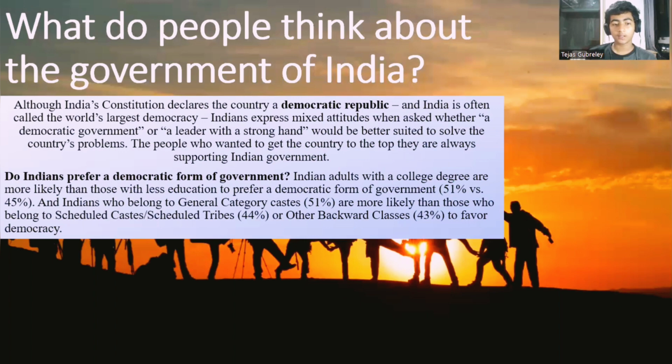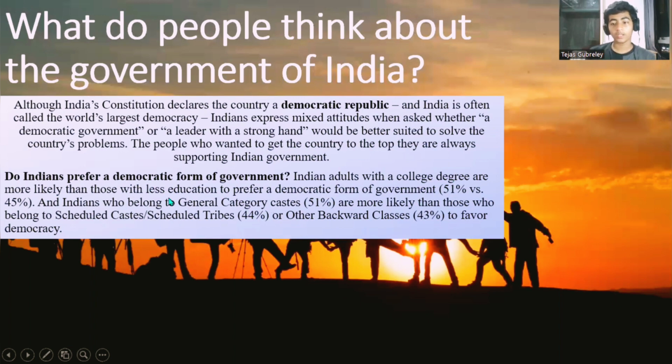Indians who belong to the general category caste, 51%, are more likely than those who belong to scheduled castes and scheduled tribes, 44%, or other backward classes, 43%, to favor democracy.